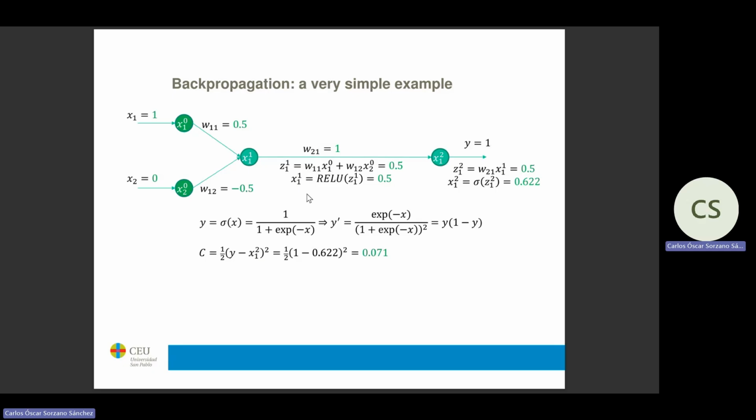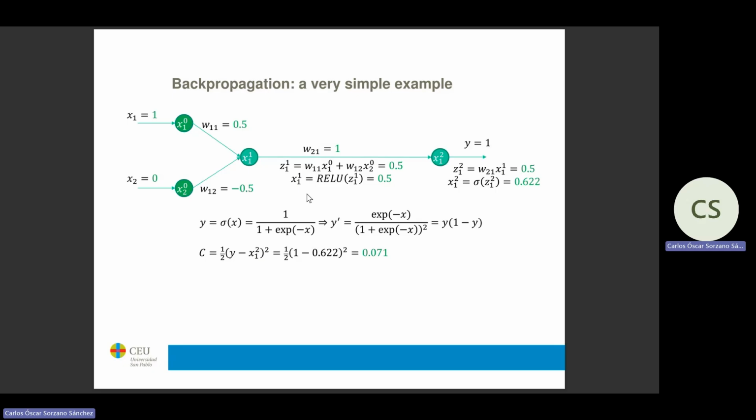So how can we change the weight such that this gets a little bit closer to 1? Then we can compute the cost function. So the cost function, let's say it is this Euclidean distance. So it is the desired output 1 minus our current output, 0.62. The 2 on top is not a square, it is just the second layer. So it is 1 minus 0.62 squared divided by 2, that is 0.07.